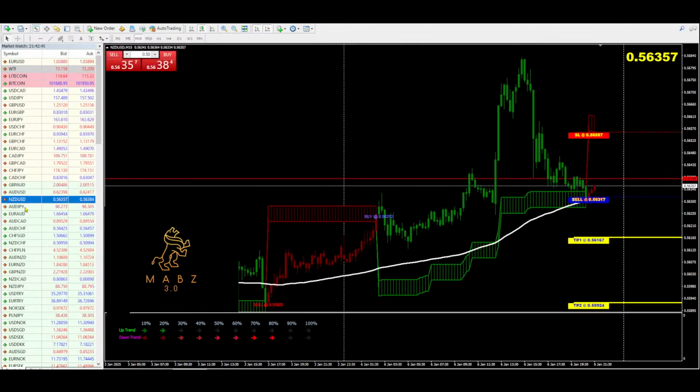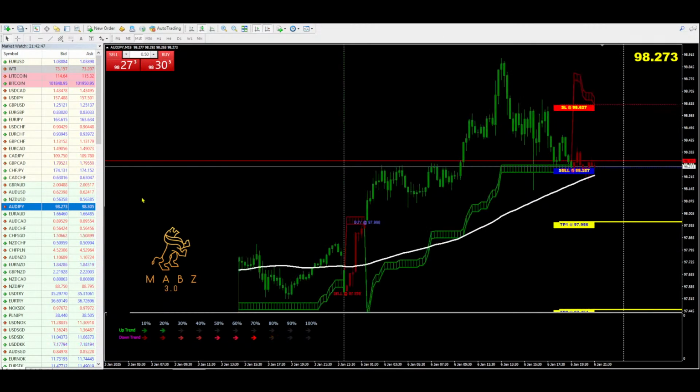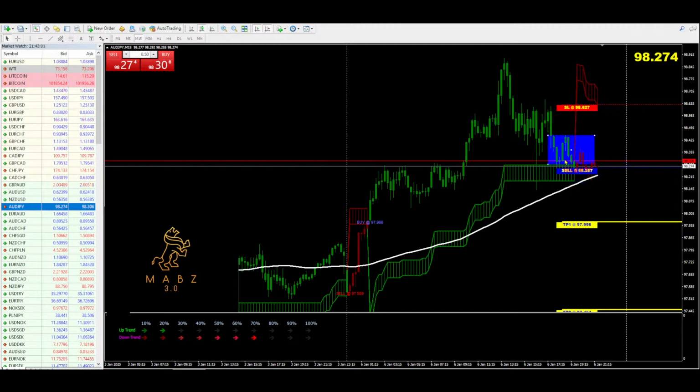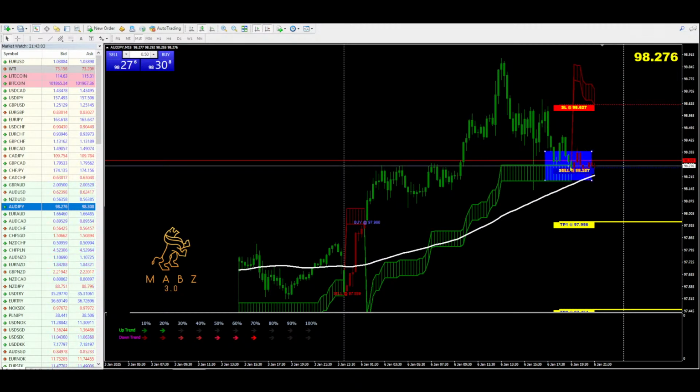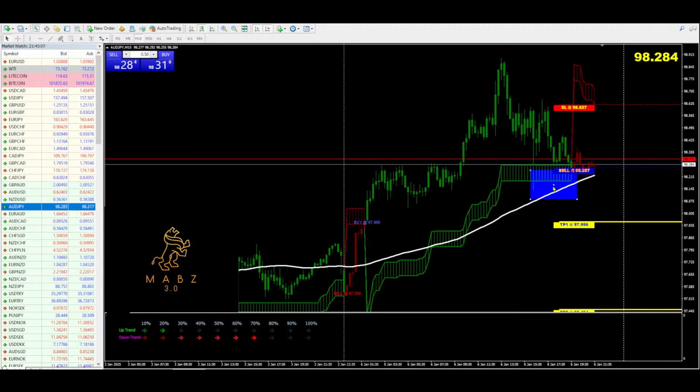Okay, let's keep looking for other trades. We're still on the 15-minute chart. Here's an example of an entry that's not valid at this moment. This trade is not valid, and the reason is that the sell entry started above the 100 moving average.